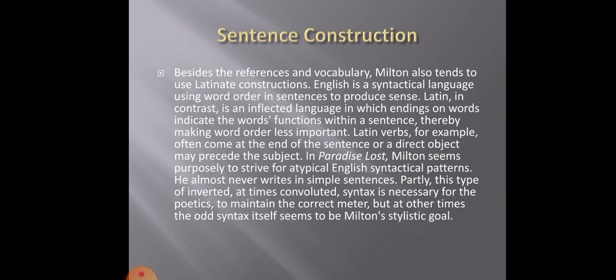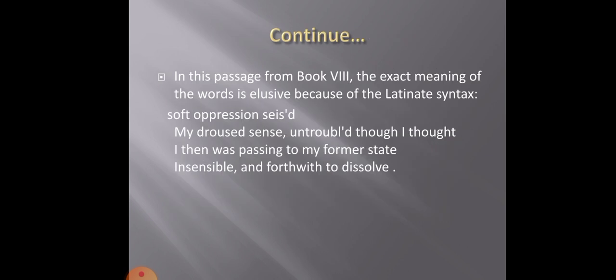In Paradise Lost, Milton seems purposely to strive for atypical English syntactical patterns. He almost never writes in a simple sentence. Partly, this type of inverted, at times convoluted, syntax is necessary for poetics to maintain the correct meter, but at other times, the odd syntax itself seems to be Milton's stylistic goal.